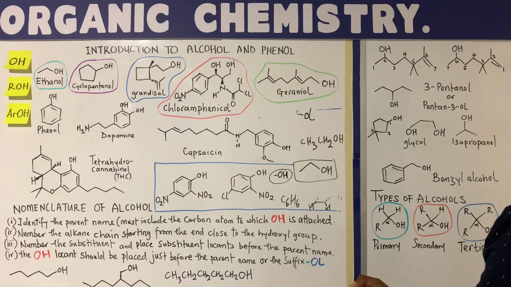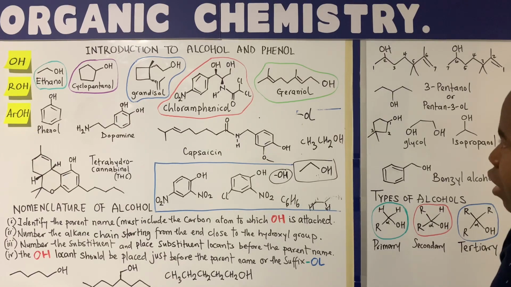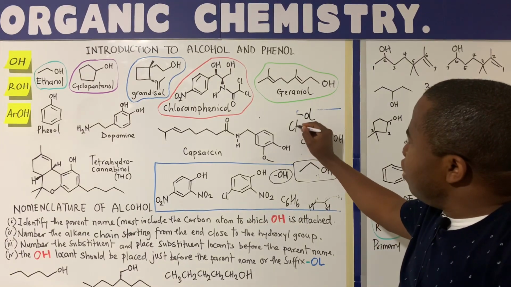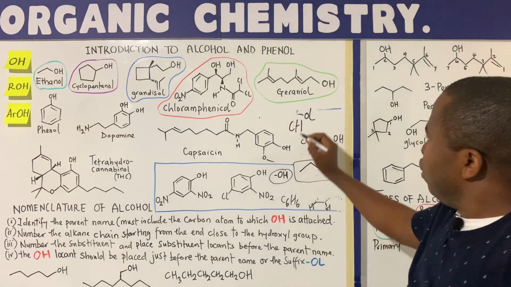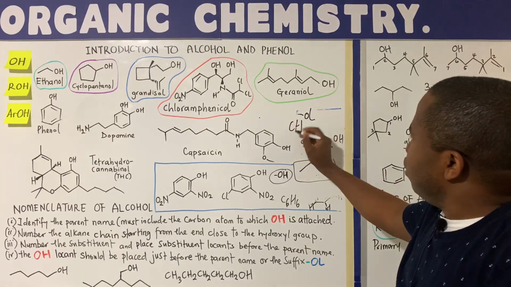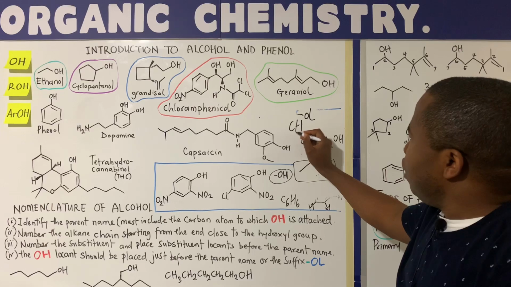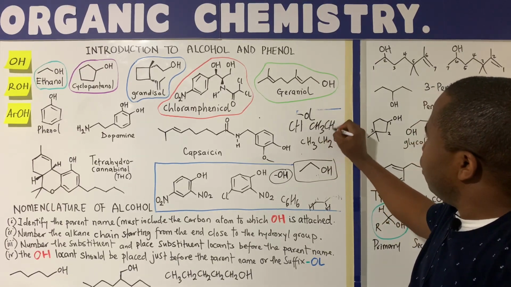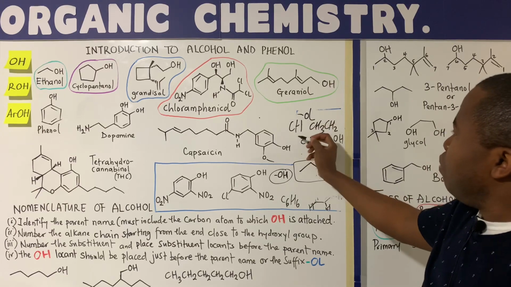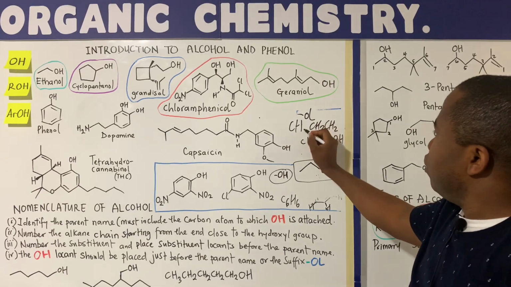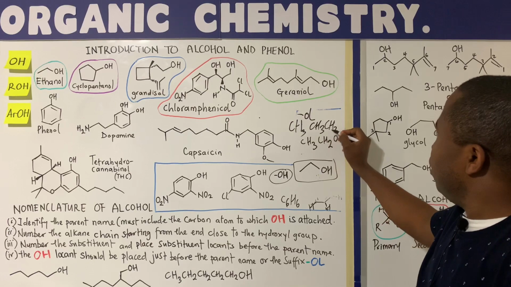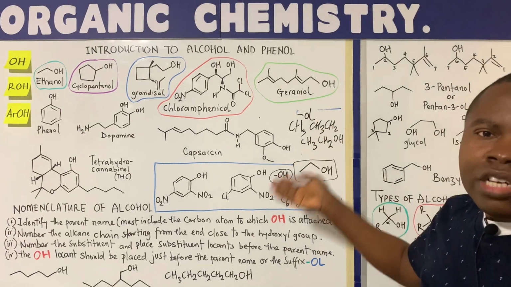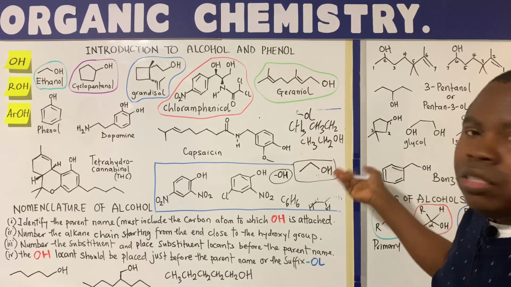most times you see an alkyl group, like I said earlier, represented by a CH, and the CH can be CH3, or CH2. The alkyl group can be a short alkyl group or a long alkyl group.